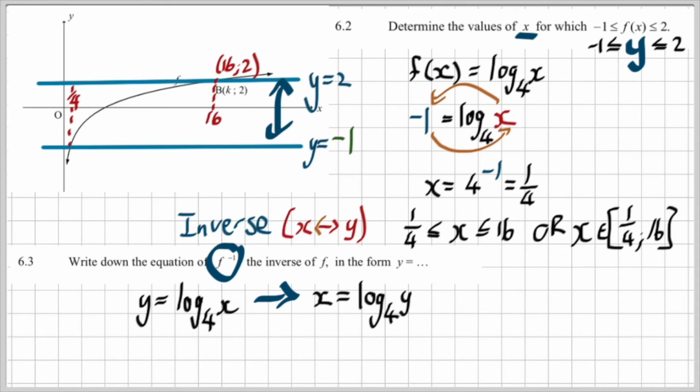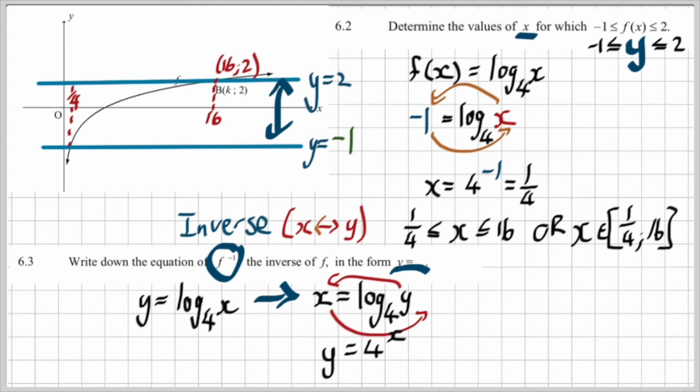But now they do tell me in the form y equal to. So I need to get y alone. So I'm going to say y is equal to 4 to the power of x. Ta-da! Simple and straightforward.